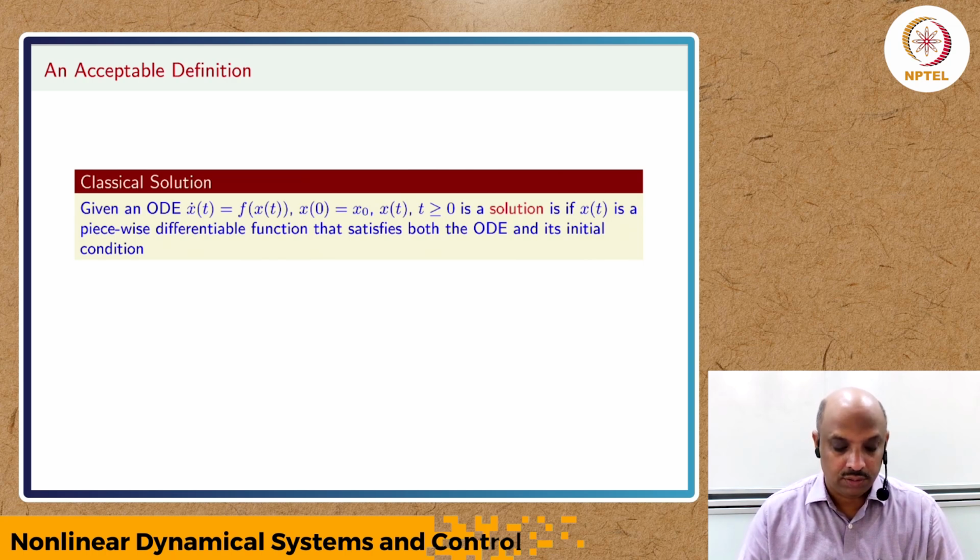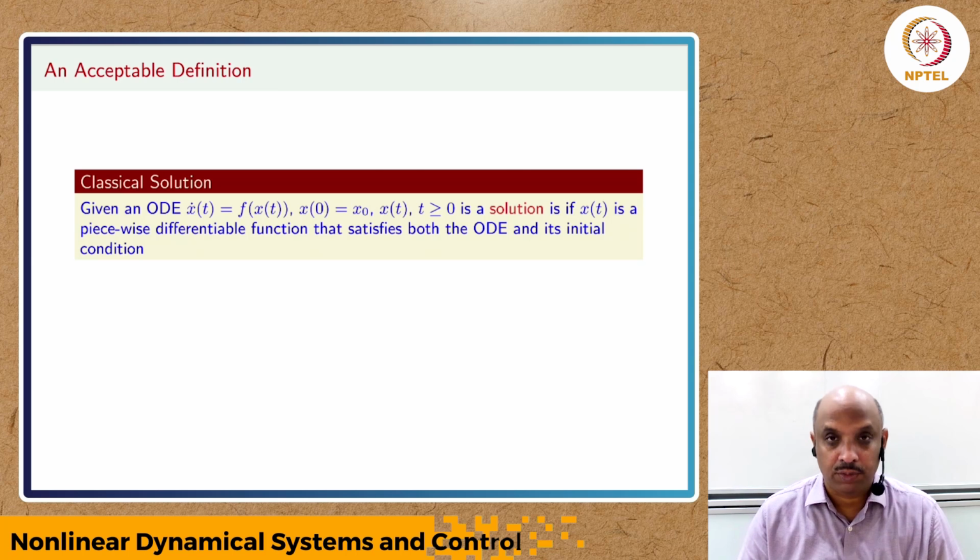So what we call a solution to an ODE of the form x dot equals f of x of t with some initial condition x of 0 equal to x0, is that the function x of t defined on t greater than or equal to 0 is a solution if it is a piecewise differentiable function that satisfies the ODE to start with, right? And the initial condition itself. Both are equally important and both have to be satisfied.